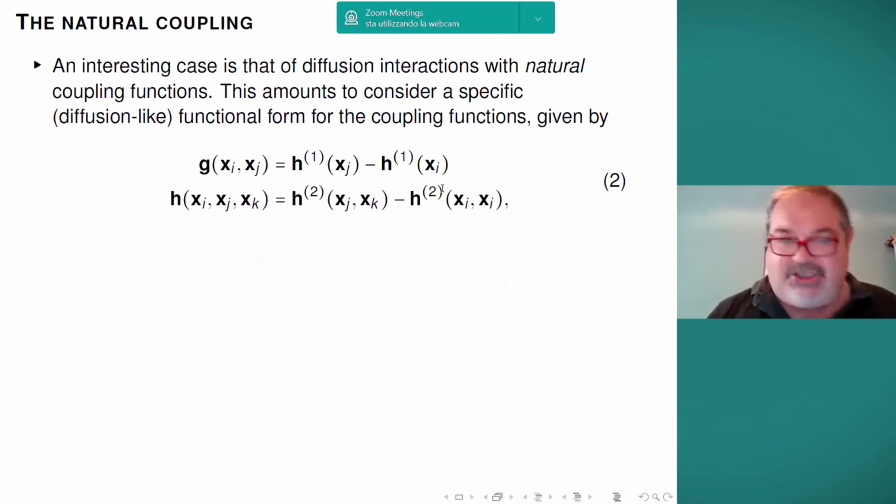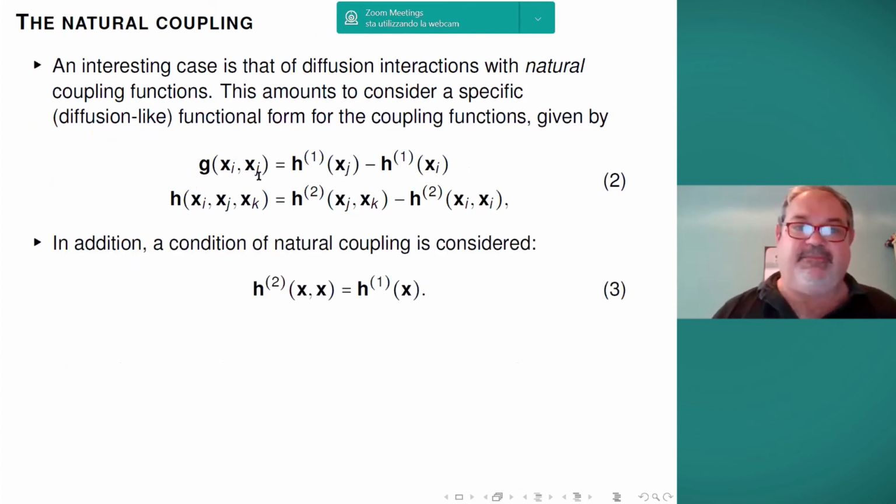Now, in order to have a function, you have to have some specific property. Not always do you have a function, but there are situations in which you do. And you do have a function, for example, when your interaction functions are not only diffusive-like, but also natural. What does natural mean? Diffusive means that the pairwise function is a diffusion and the three-body function is a diffusion. But in addition, you have to have a condition of natural coupling.